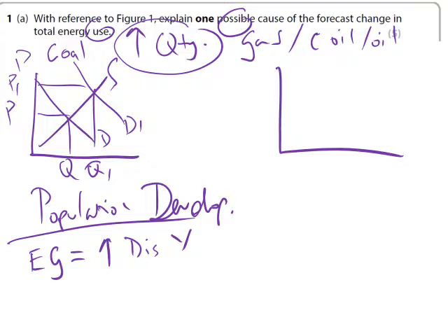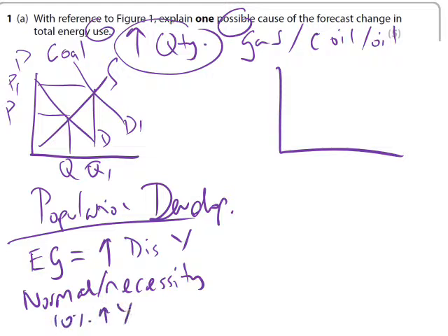As energy is a normal good, and if you want to be even more accurate, a normal necessity, a 10% rise in income would lead to a 3, 5, whatever, less than 10% rise in quantity demanded, and then refer back to the quantity increasing here.